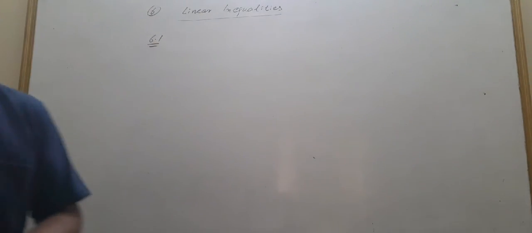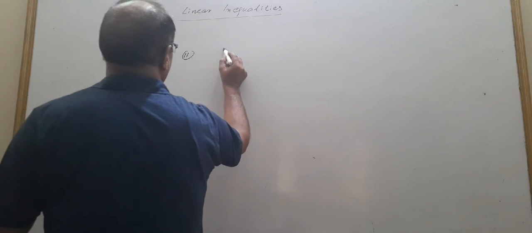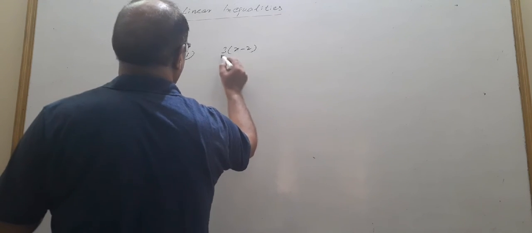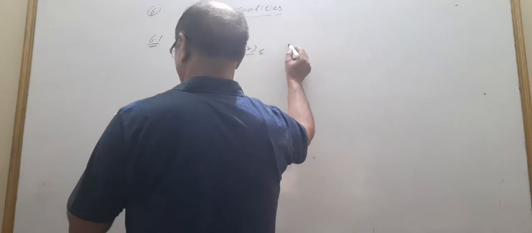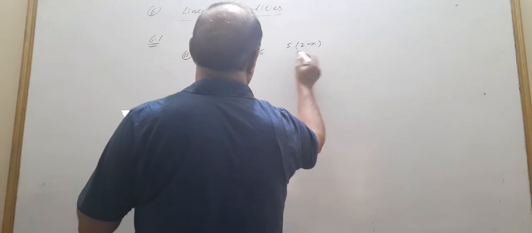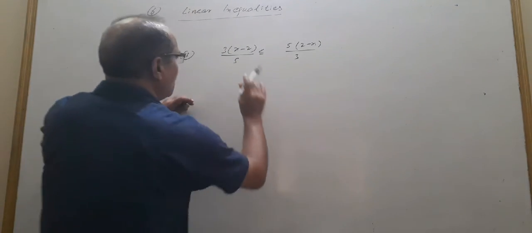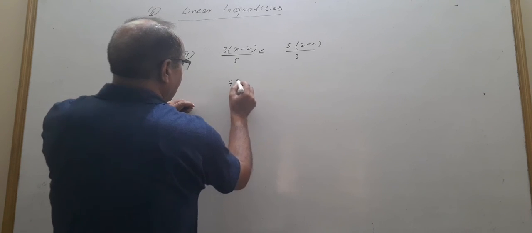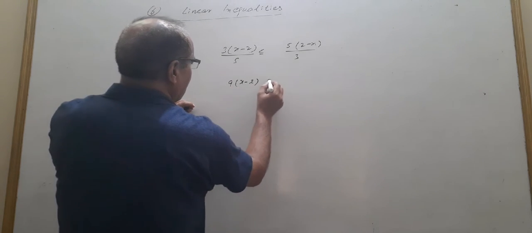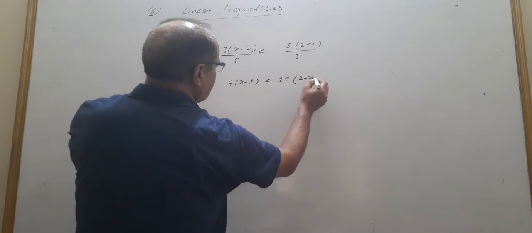Now I am taking one more problem, question number 11. Students, you have to solve all the problems. If you find any difficulty you can ask. 2 minus x upon 3. How to solve this? Just cross multiplication, or you may write it as 9 times x minus 2 is less than equal to 25 times 2 minus x.